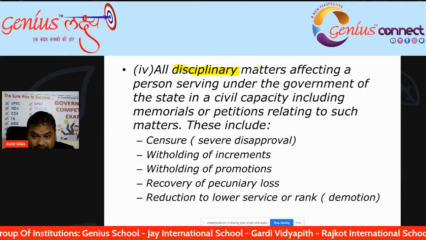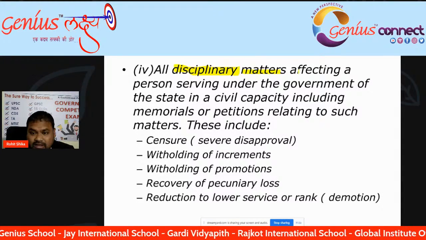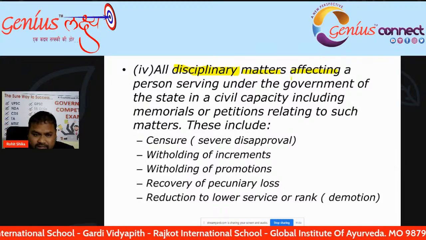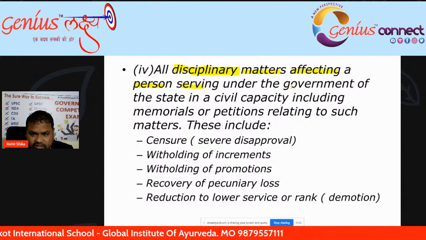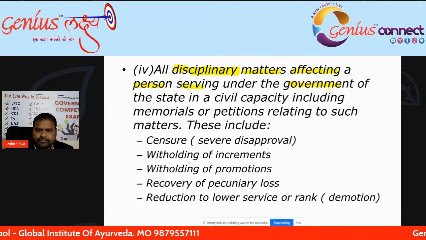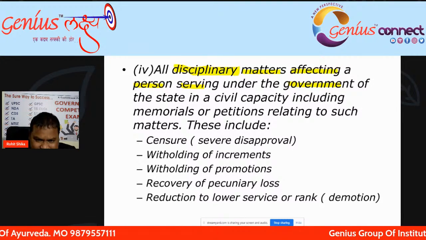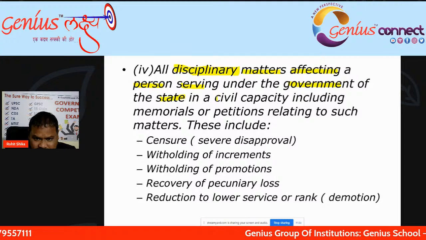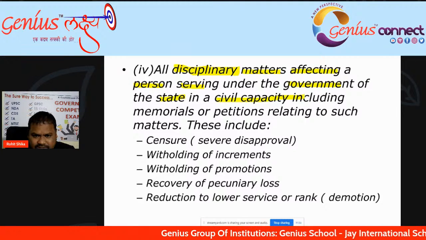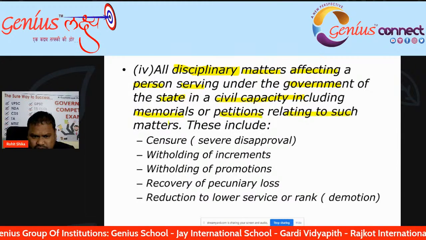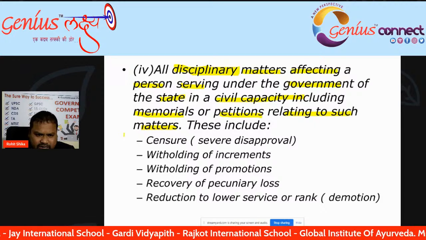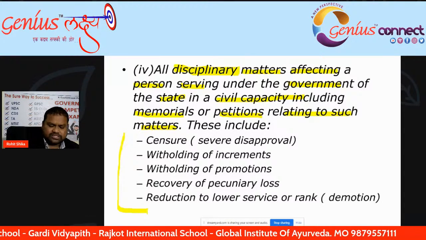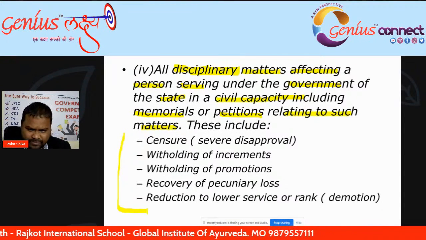All disciplinary matters affecting a person serving under the government of the state in a civil capacity, including memorials or petitions relating to such matters, are taken care of by the State Public Service Commission.